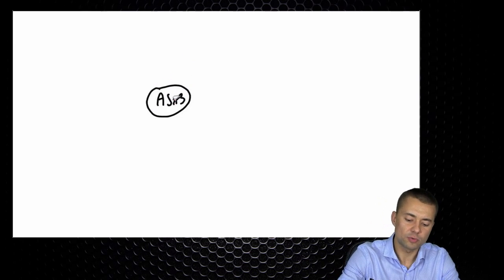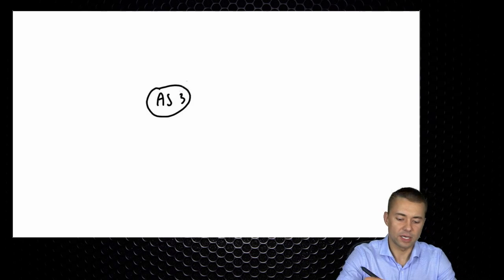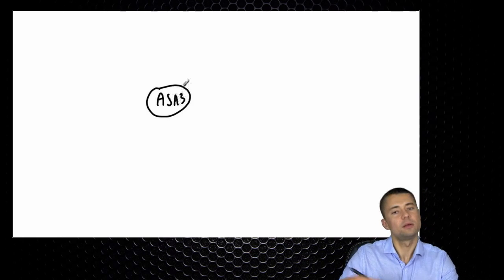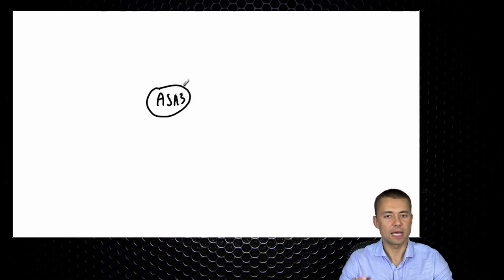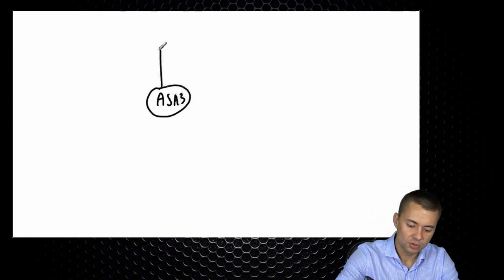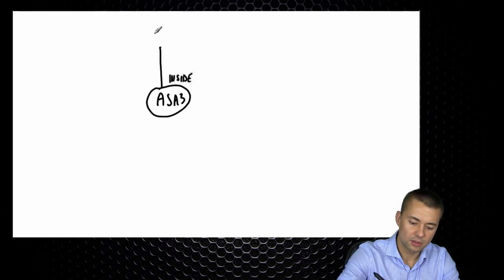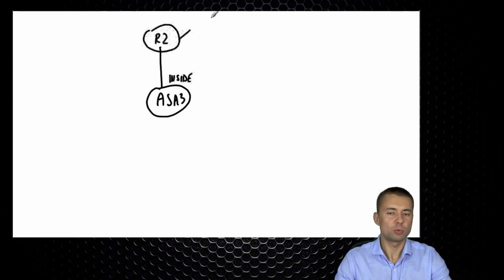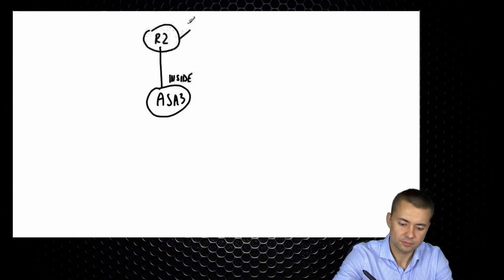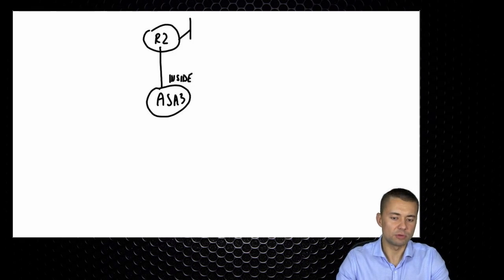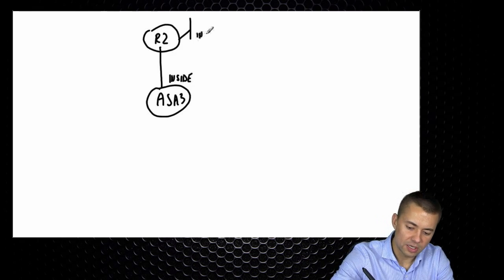So I will be using those routers to show you the behavior of the ASA when no policy is configured and then when we finally apply the policies. So on the inside, it's going to be router 2, which is also configured with one of the loopbacks that I will use to emulate the internal subnet.